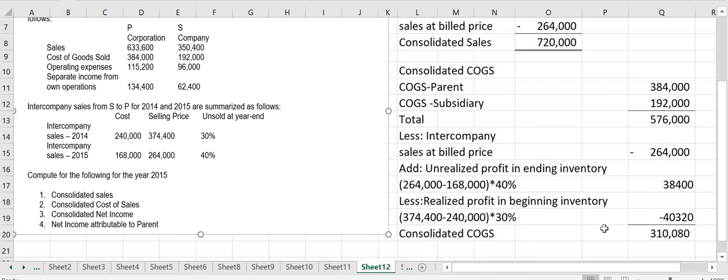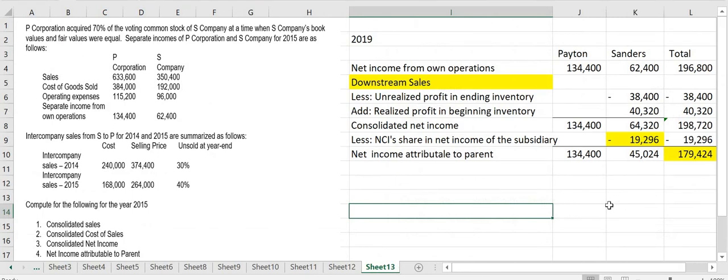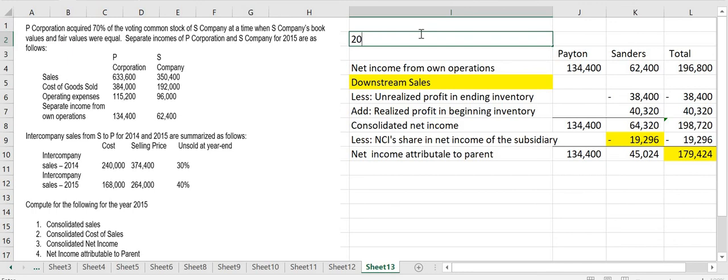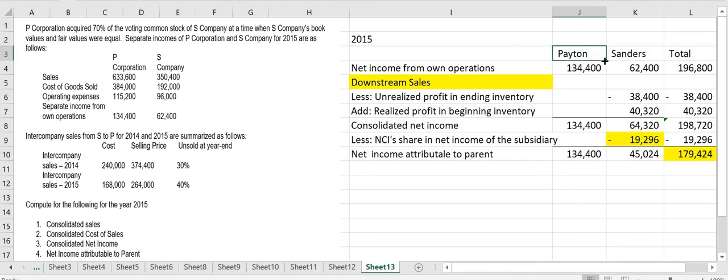310,080. Yan siya. As to computation of the consolidated net income, for 2015, yan siya. So, you have net income from all operations for both P and S. Kay P is 134,400 and kay S is 62,400.